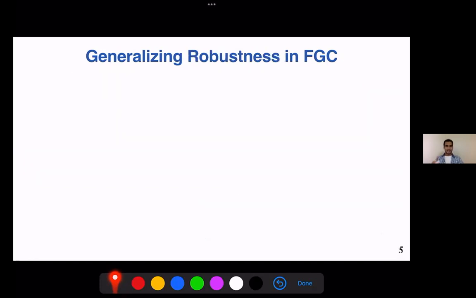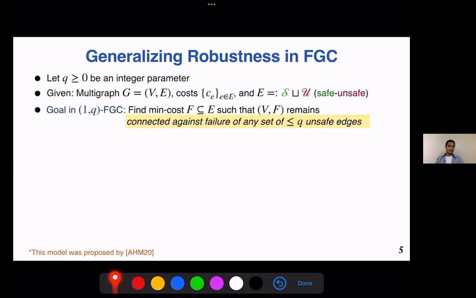We can also generalize the robustness parameter in FGC. Let q be a non-negative integer parameter, which denotes the number of unsafe edges that can fail. So the goal in (1,q)-FGC is to find a min cost subgraph that remains connected against failure of any set of at most q unsafe edges.